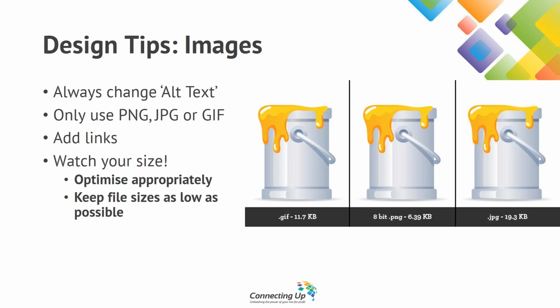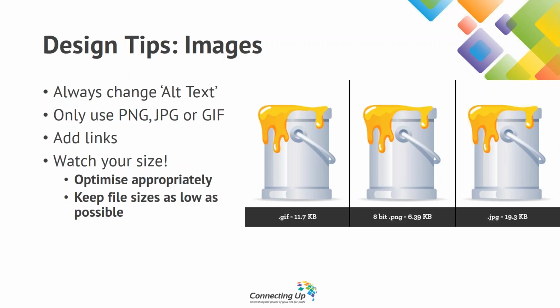Also watch the size of your images. You want to optimize your images appropriately to keep your file sizes as low as possible. And I'll talk a bit more about this in the webinar we did on Wednesday, but you can see on this slide there's 3 different images. They look virtually the same, but you can see that one's a GIF, one's a PNG and one's a JPEG and the sizes vary wildly.